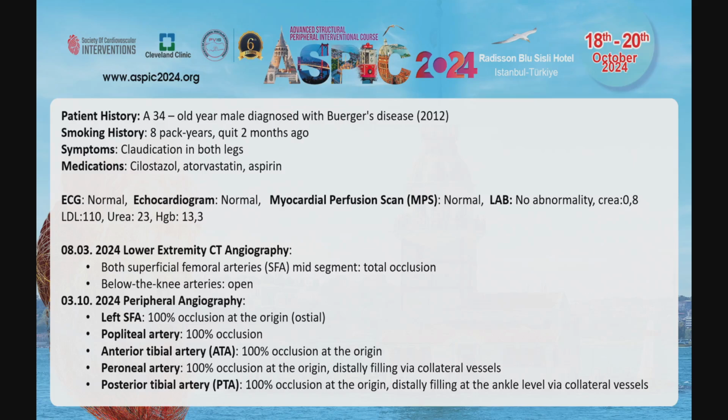Myocardial perfusion scan was normal. There was no abnormality in lab values.